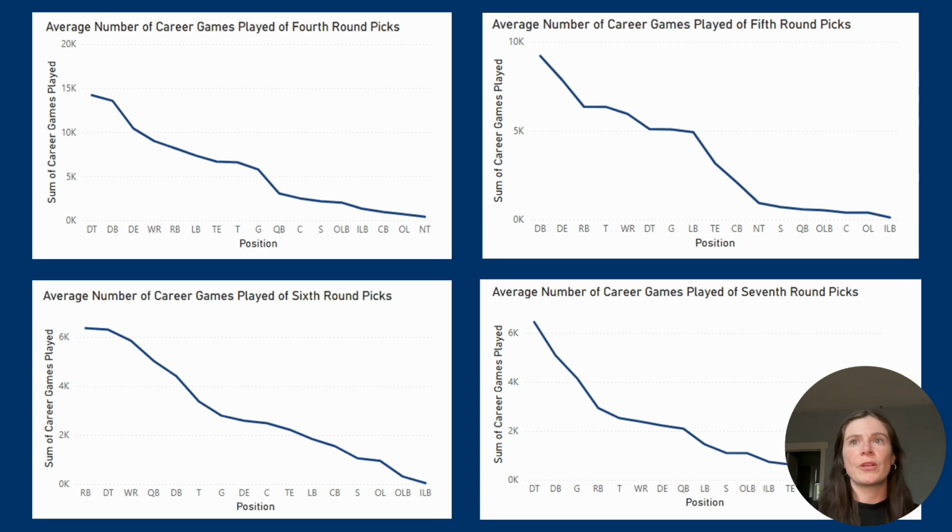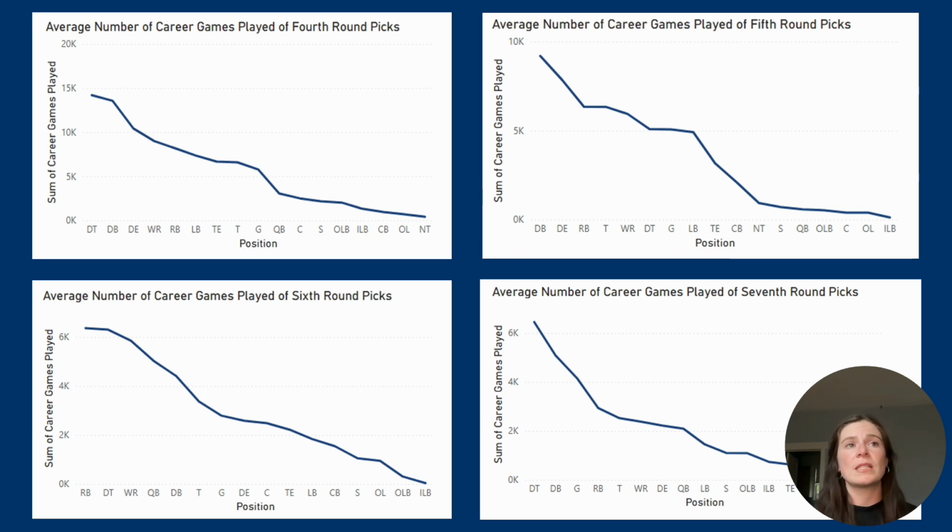Moving to fourth, fifth, sixth, and seventh round picks, the trend becomes even more noticeable. The career longevity decreases pretty significantly, and the curve becomes much steeper. It's much harder for late round picks, as I mentioned earlier, to stick around, but fewer positions like defensive backs and running backs still show some players having pretty long careers.